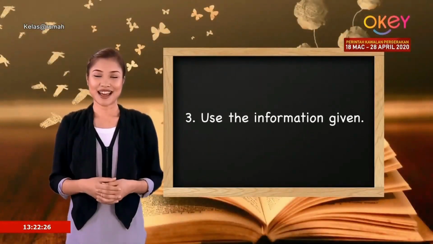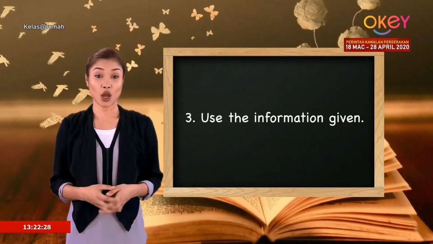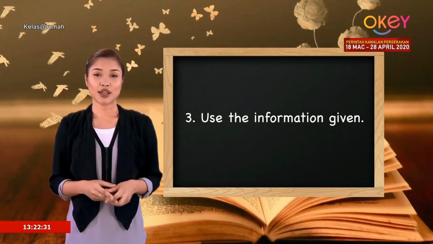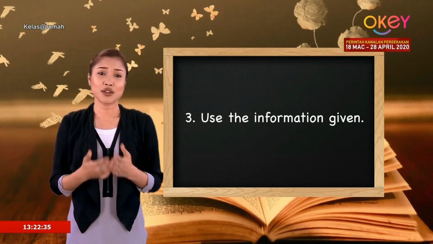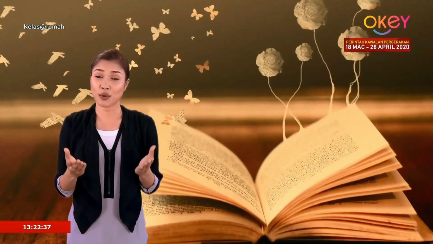Number 3, use the information given. When you state your reasons, you have to use the information given to help you. However, you do not have to make comparisons with the other options. So I have to make sure that I include all the following reasons for buying pineapples for my family.